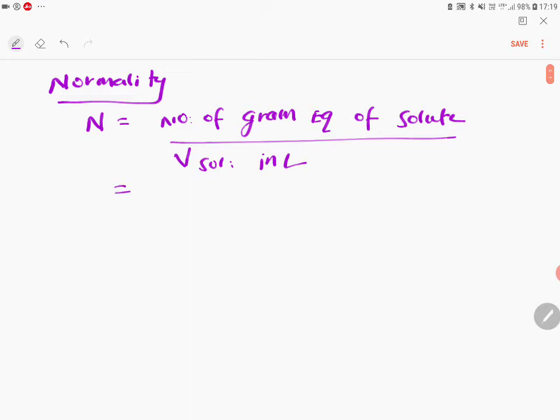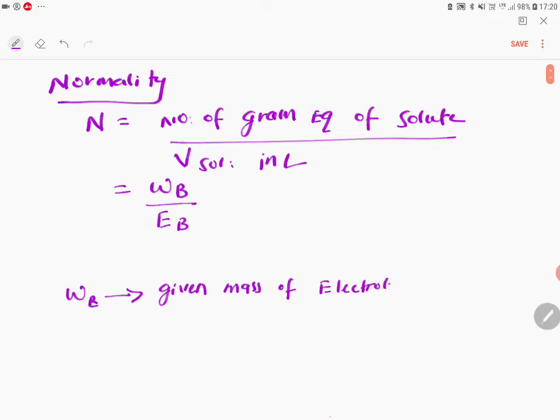So what is the meaning of gram equivalent? Gram equivalent is given mass of the solute by equivalent mass of the solute. So here what is the meaning of W suffix B? W_B is given mass of solute. We can say in electrochemistry, given mass of electrolyte.